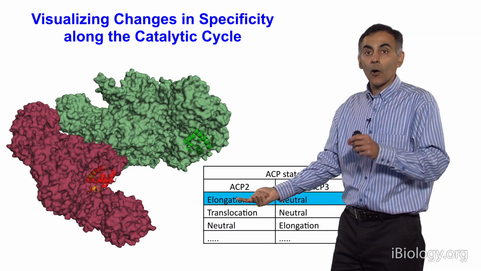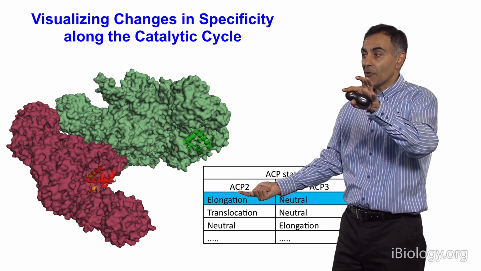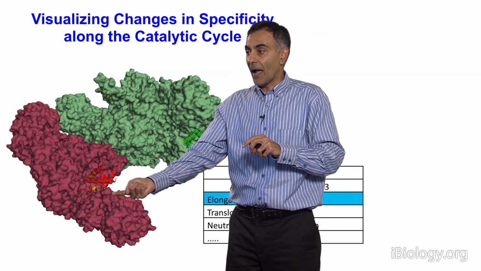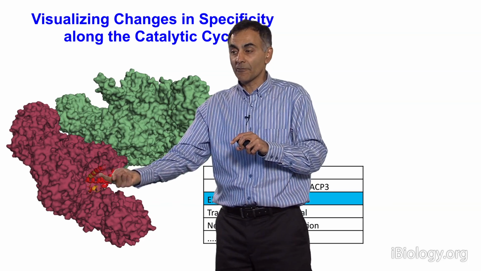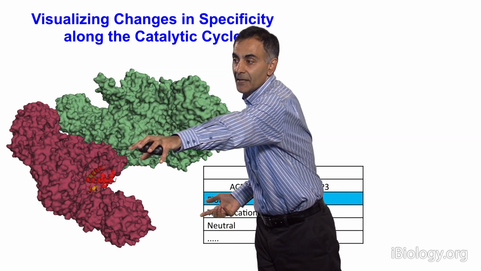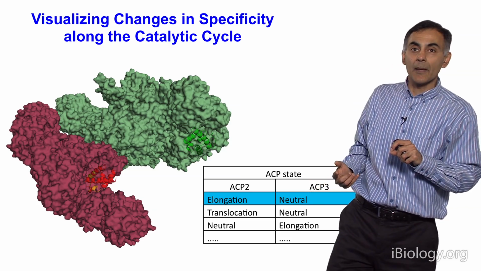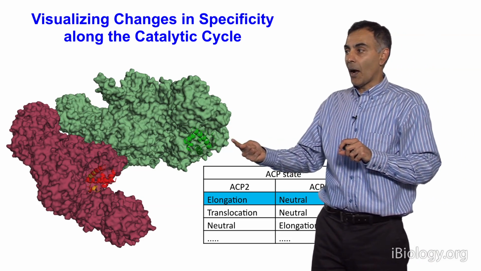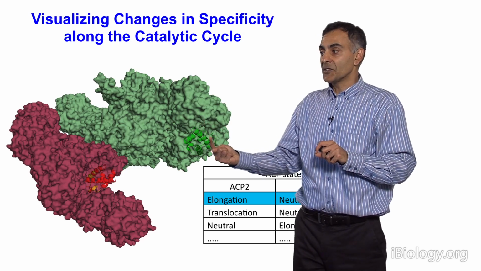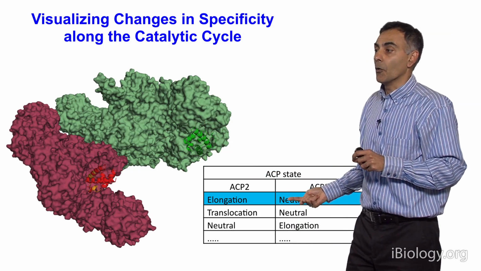What Jencks would call has specificity for the elongation state. And that specificity is derived from this yellow portion of the carrier protein that docks into this active site and puts its substrate where it belongs. Meanwhile, the green carrier protein of this green module is just sitting in neutral mode.